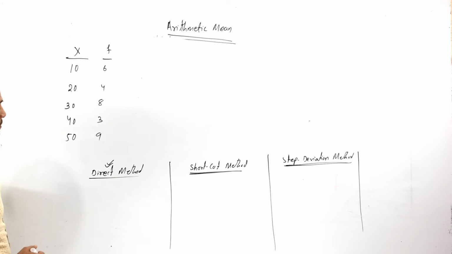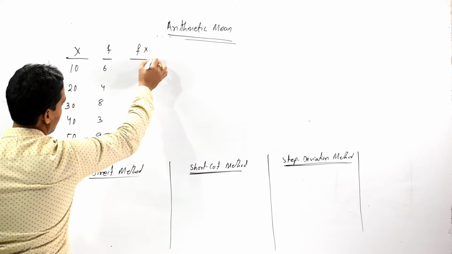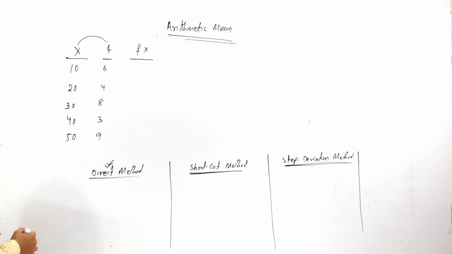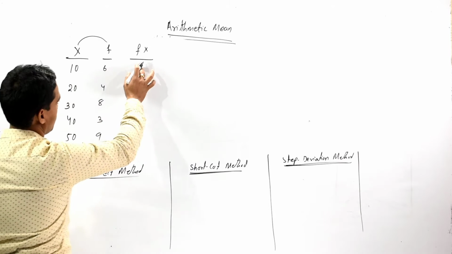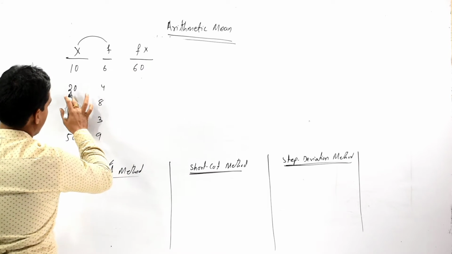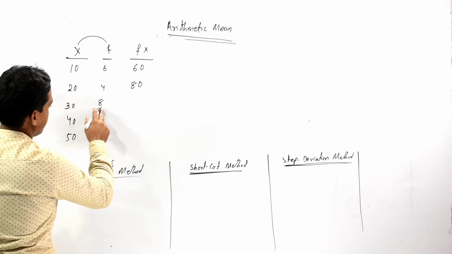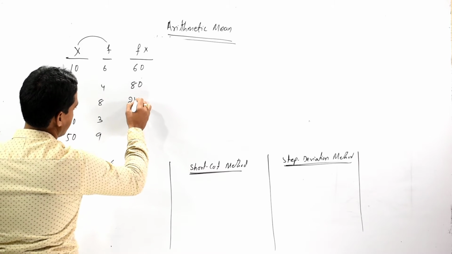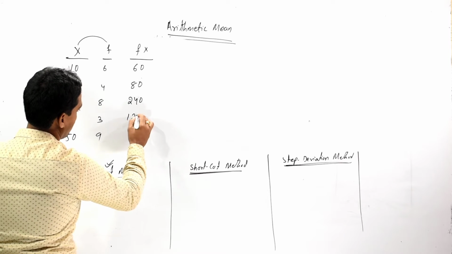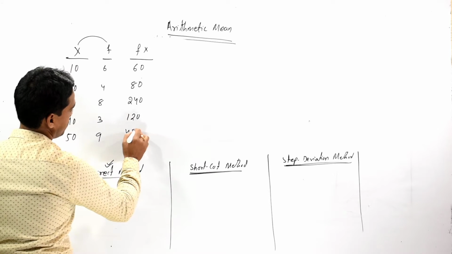For the purpose of the direct method, we should find out fx, that is x into f. So our values of fx are 10 into 6, that is 60, 20 into 4, 80, 30 into 8, that is 240, 40 into 3, 120, 50 into 9, 450.